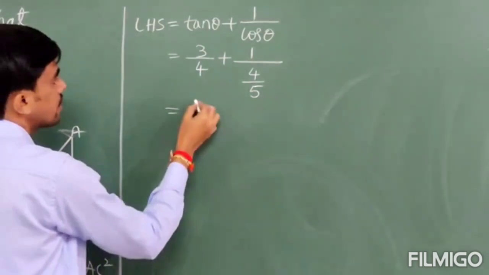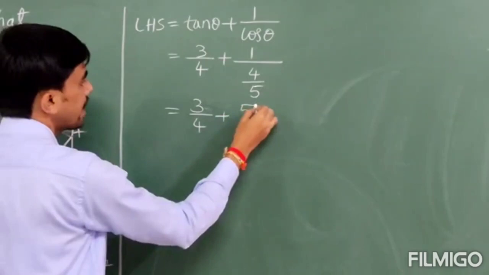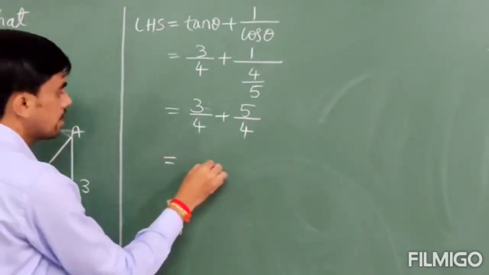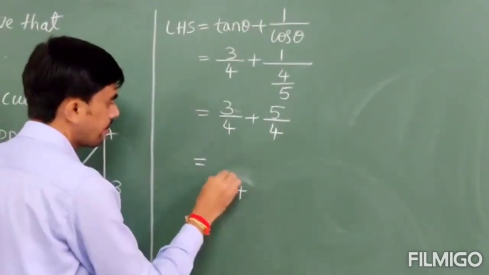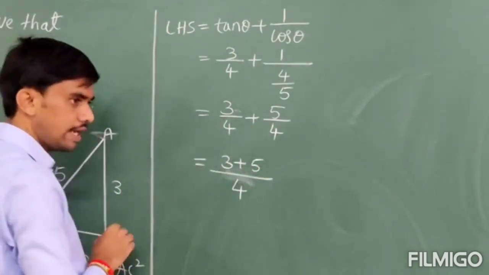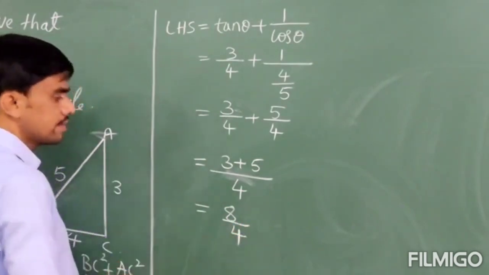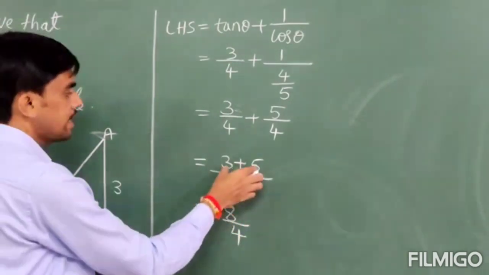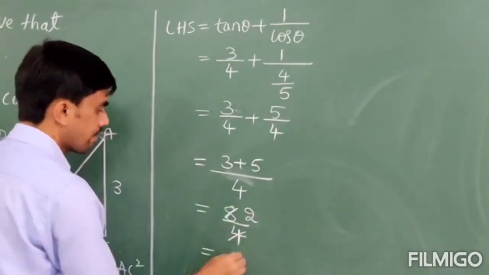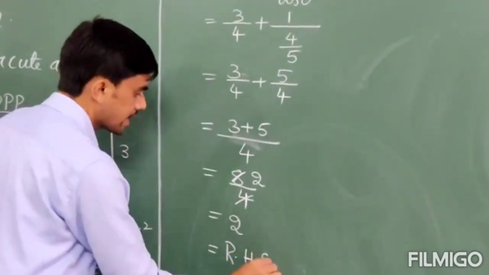Therefore 3 by 4 plus 5 by 4. Here 4 is the LCM, so we get 3 plus 5 in the numerator, that is 8 by 4. 4 twos are 8. Therefore the answer is 2, which is equal to the RHS. So finally we get the answer.